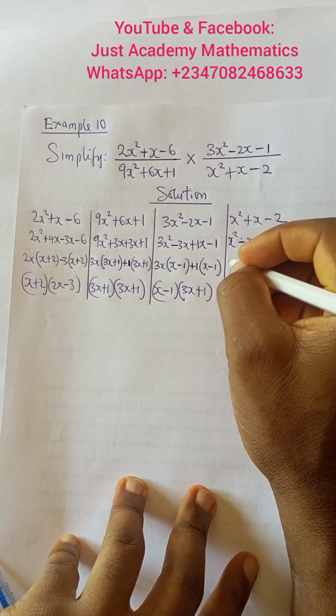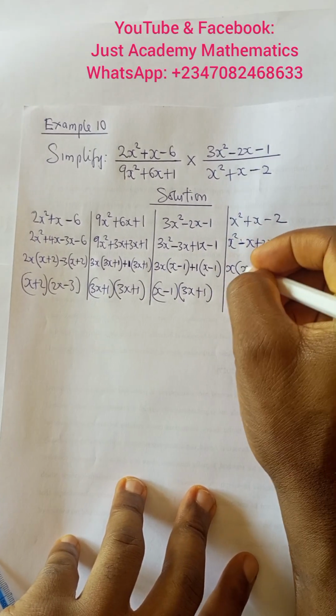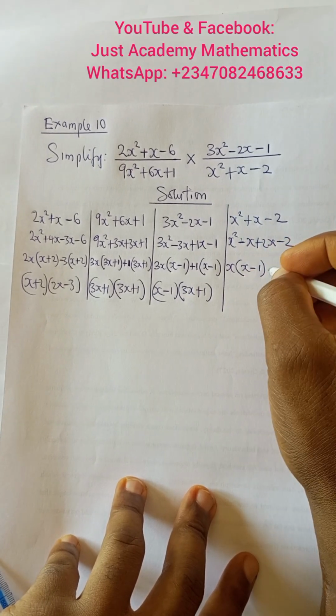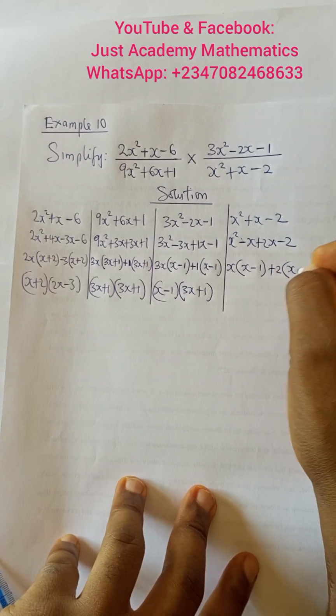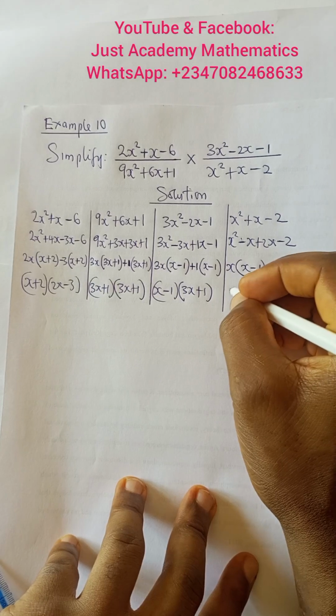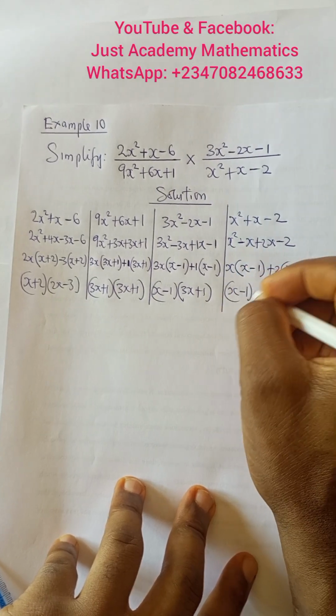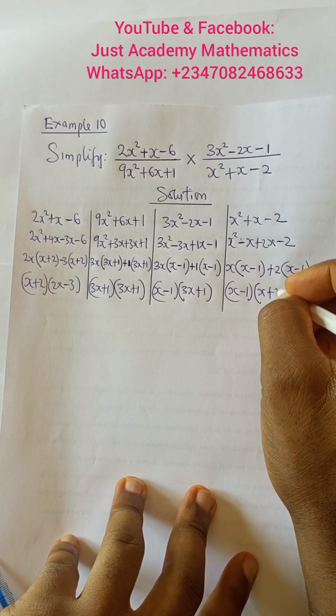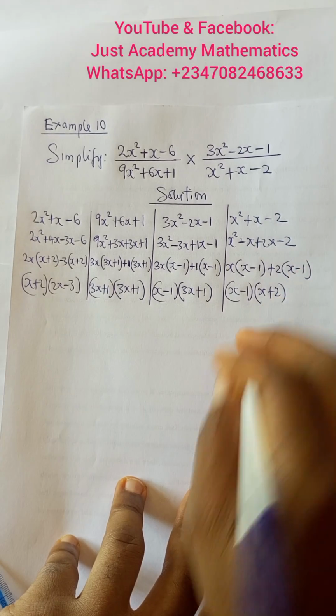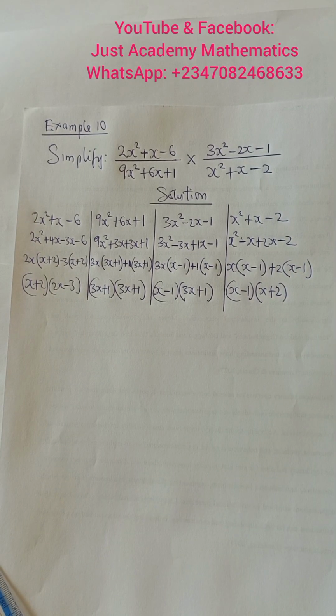What is common here? s. What will remain here? s plus 2. What is common here? Minus 1. What will remain here? s plus 2. So we have what? The common factor, s plus 2. What will remain here? s minus 1. So we have succeeded in factorizing the four.